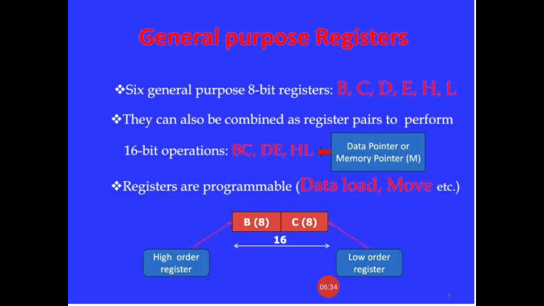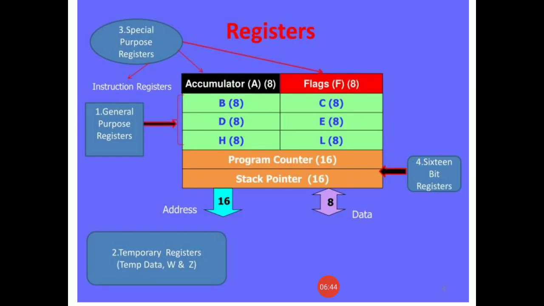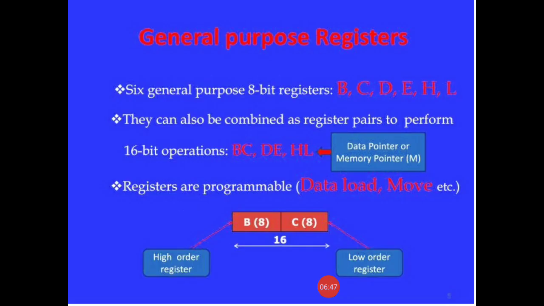So, starting with general purpose registers, B, C, D, E, H, and L are 8-bit general purpose registers. They can be used as separate 8-bit registers or as 16-bit register pairs, that is BC, DE, and HL. When used in register pair mode, the higher order byte, that is the most significant byte, resides in the first register.